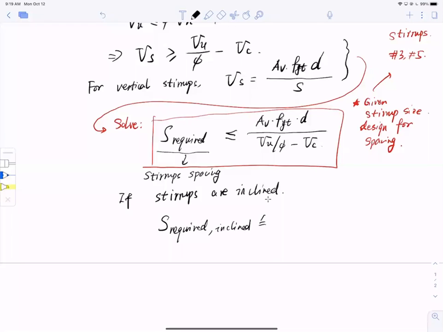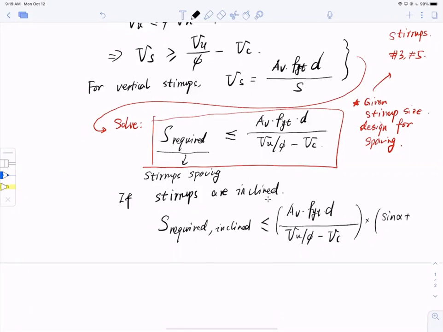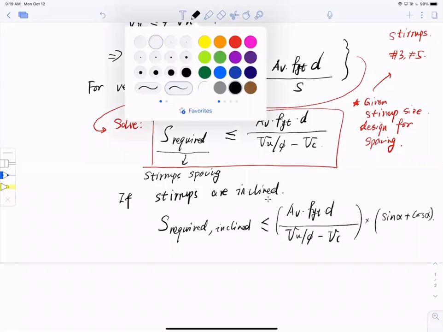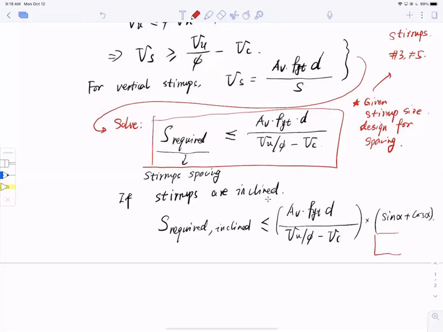So that has to be smaller or equal than the whole thing, same thing as before, divided by VU minus V minus VC. But don't forget this whole thing is multiplied by a factor, sine alpha plus cosine alpha, where alpha is the inclination angle. So just to show you, this is the beam, this is the stirrups, and alpha angle is right here.